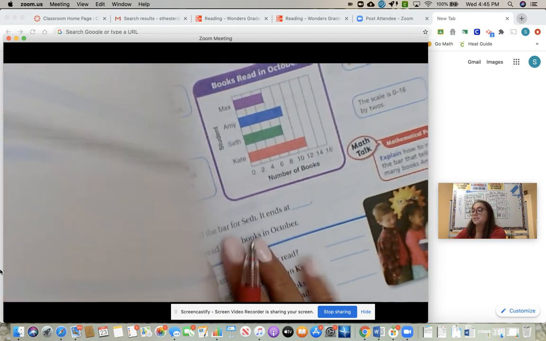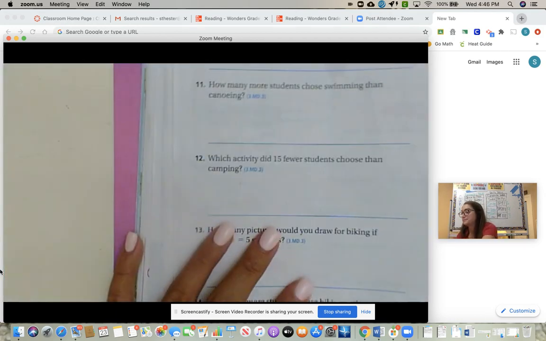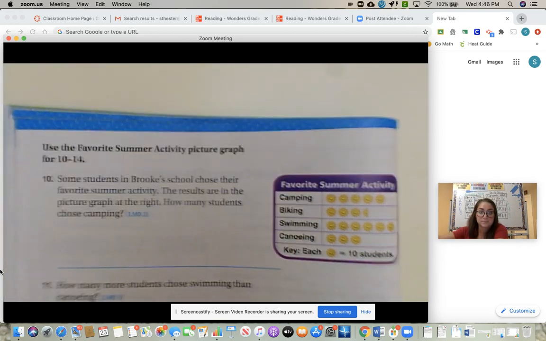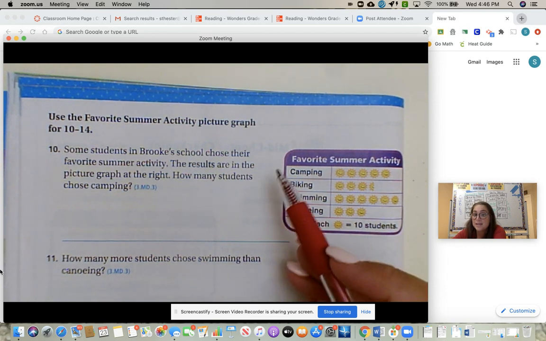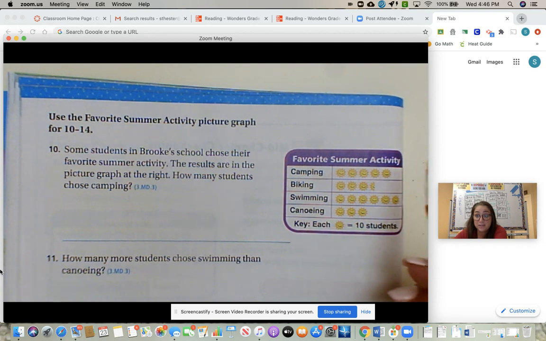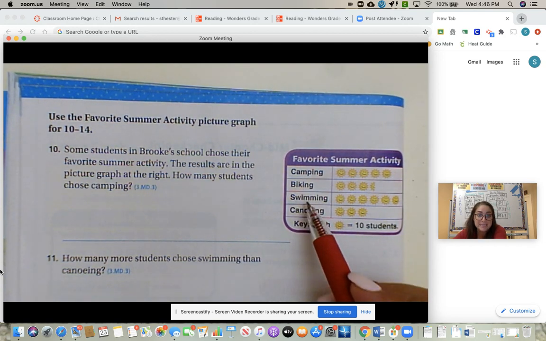Flip over to page 76. Again, I want you to come over to your picture graph and right away, I want you to write. It is favorite summer activity. So they asked people, what is your favorite summer activity? Their choices were camping, biking, swimming, and canoeing.